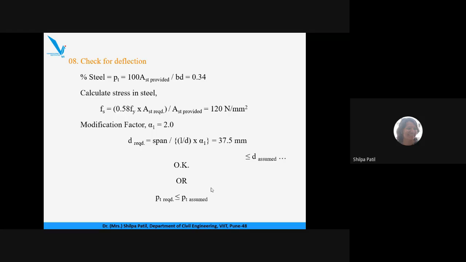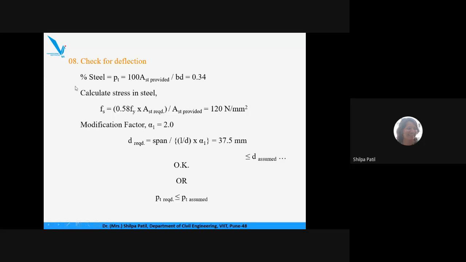In both ways, the check for deflection is correct. I have shown both here. From an exam point of view, I suggest that you complete the percentage steel calculation and compare it with the assumed value, because it requires a lesser number of calculations and it will save your time.